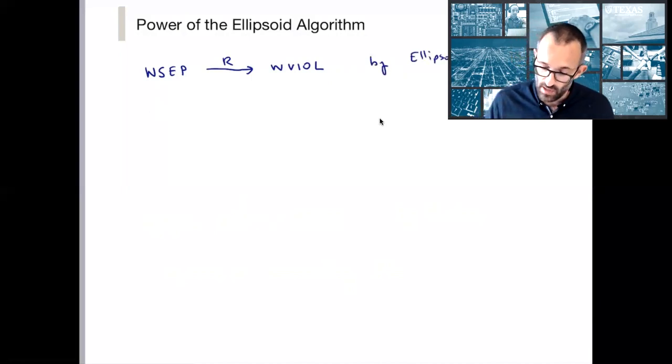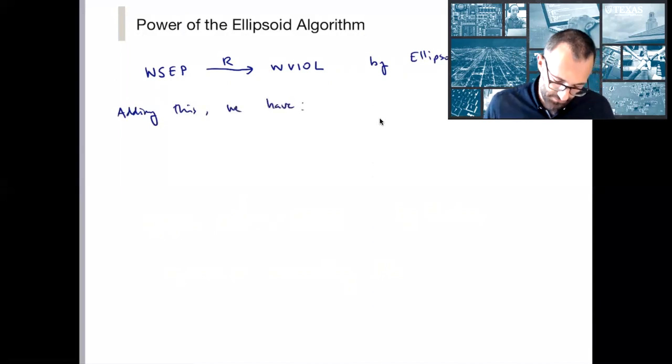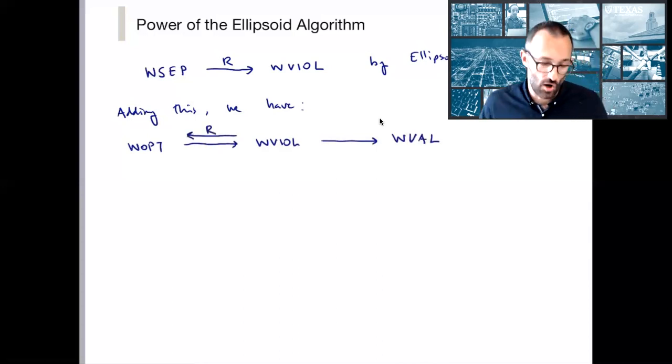So let me redraw the picture. Adding this, we now have weak optimization implies weak violation, which implies the weak validity problem. The weak violation, if we have an R there, tells us that we can get a weak optimization oracle.